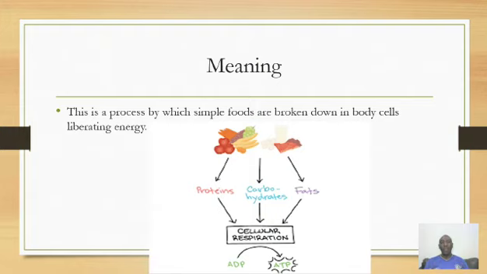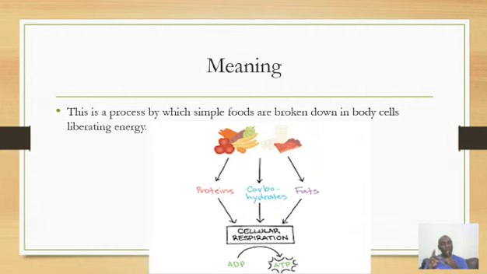However, the body breaks down fats as well, and in absence of fats and carbohydrates, proteins can be broken down. Because it occurs within the body cells, we refer to it as cellular respiration.